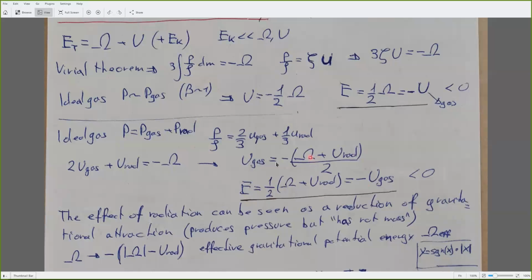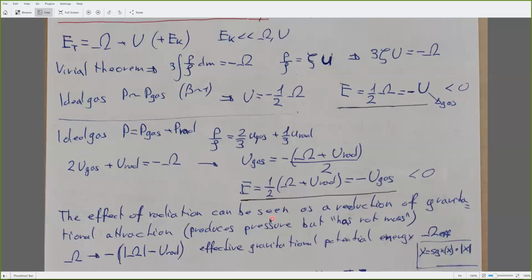Similarly, since the total energy is the sum of the internal energy of the gas, of the radiation, and the potential energy, we have 1/2 of this value, which is, as we saw, minus the internal energy of the gas, and then less than 0. Essentially similar to the other case.